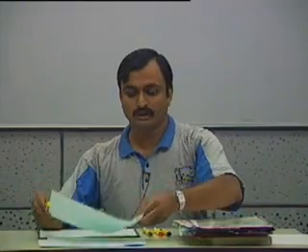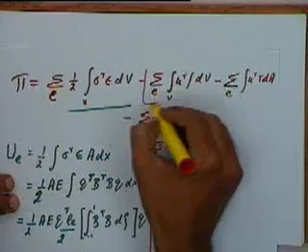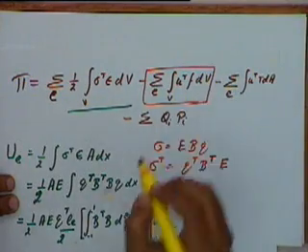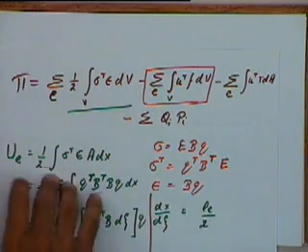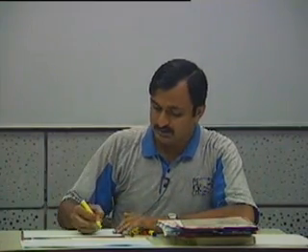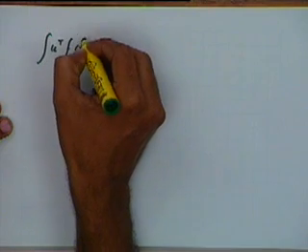Then we will now take up the next term in the potential energy expression, that is the term of these body forces. If you want to evaluate this integral, this is integral of U transpose F dV.